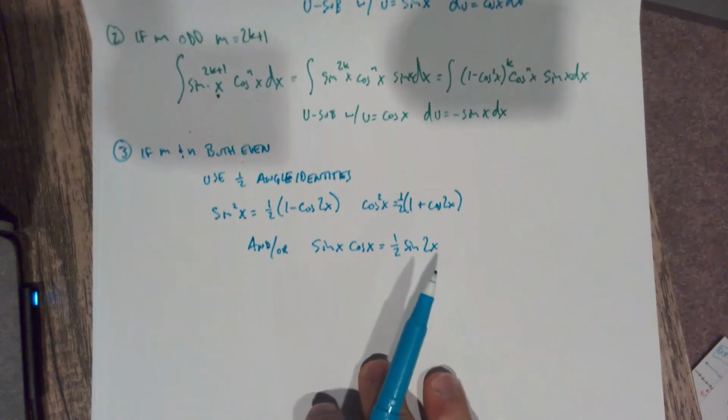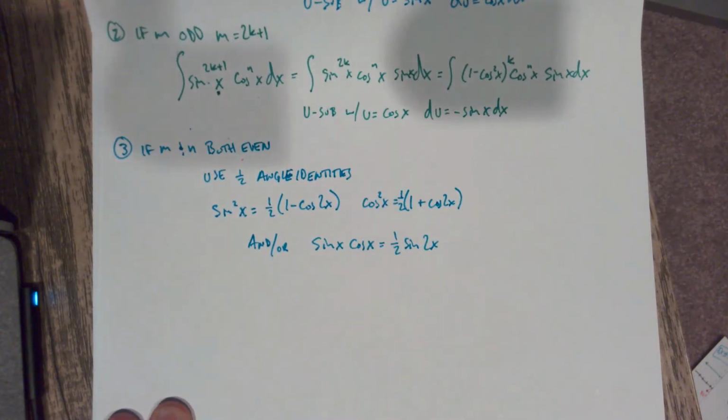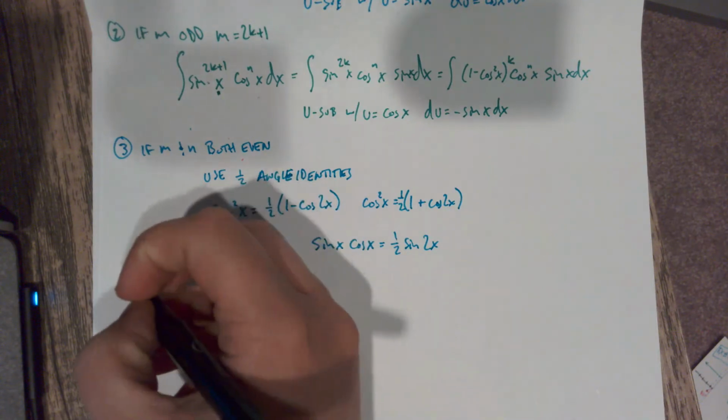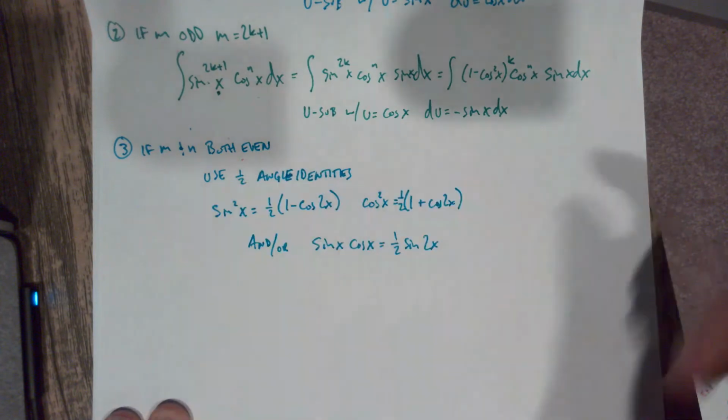The other case that we are going to look at is if we have something similar to this, but instead with tangent and secant. So this is going to be a separate deal. We'll grab a new piece of paper for that. So this is the integral of tangent to the m secant to the n dx. We're going to go through some similar cases here.